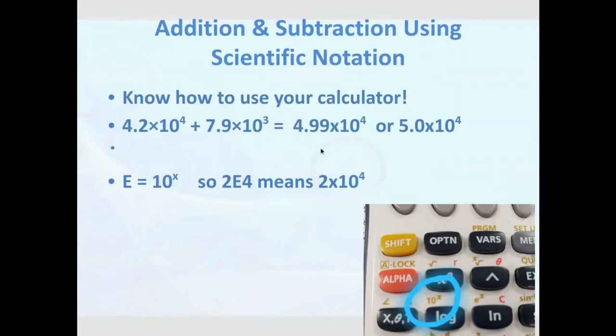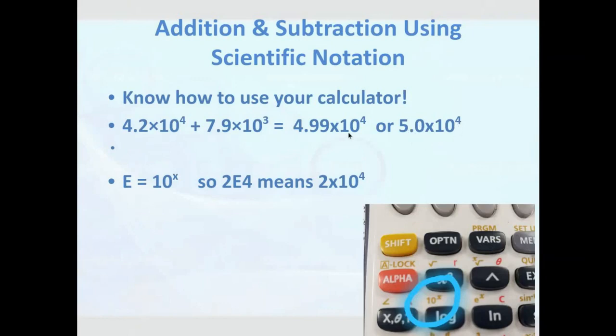Couple things you might see. If you aren't in a setting where it gives you scientific, you might be seeing 49900. You can round that also, because if we're looking at significant figures, one after the decimal, one after the decimal, because we're adding, so we would keep it as 5.0 with one after the decimal times 10 to the 4th.